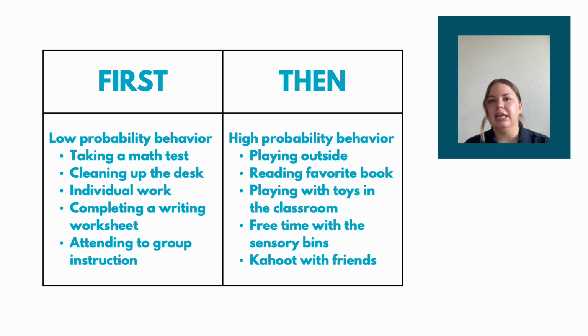So again, we have to really tailor this to the student and their abilities and learning levels, but we can use the high probability behavior as a reinforcer for the low probability behavior. So we can have all those activities that we can use to reinforce things that might be a little more difficult for the student, like taking a math test, attending to group instruction, things like that.